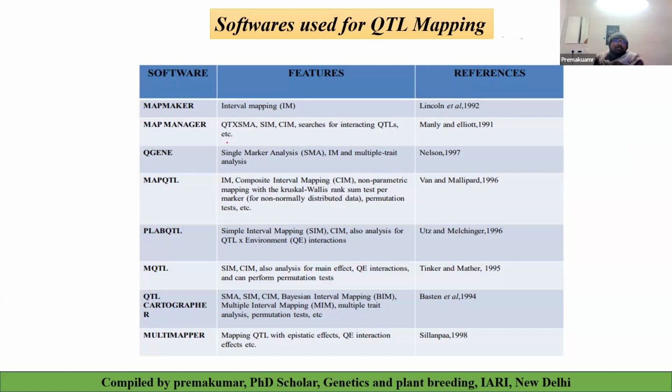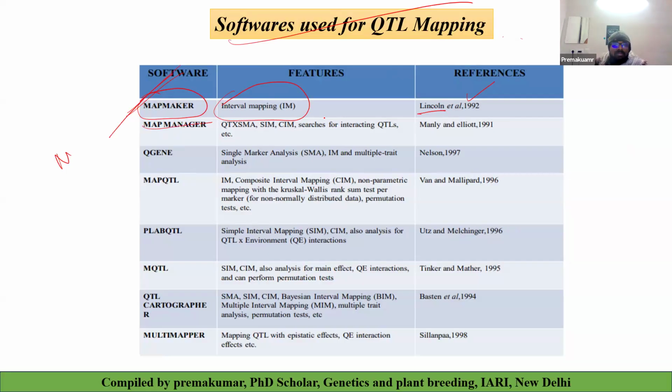Then there are different software used for QTL mapping. First, in 1992, Lander and Botstein developed interval mapping, which is used by software called MapMaker. It is still used, and it is very easy.